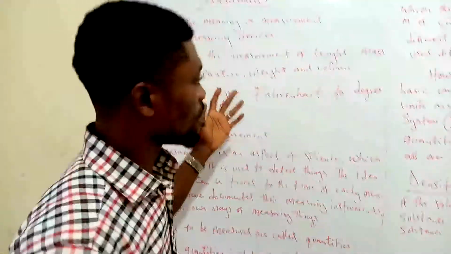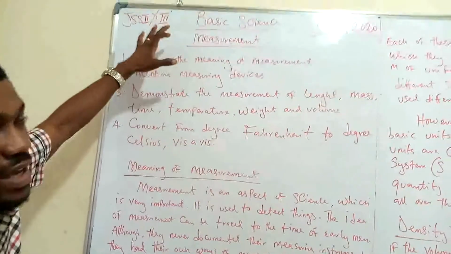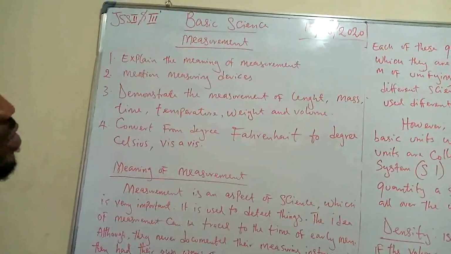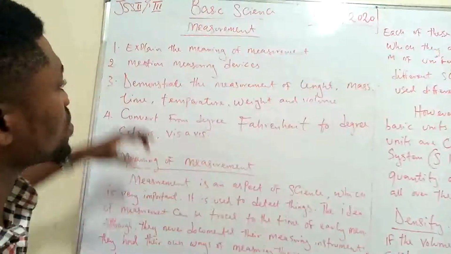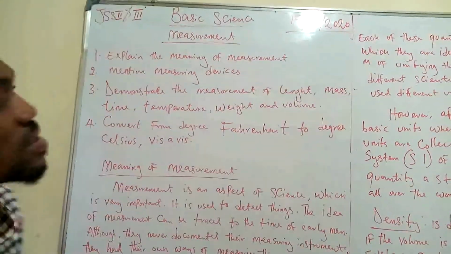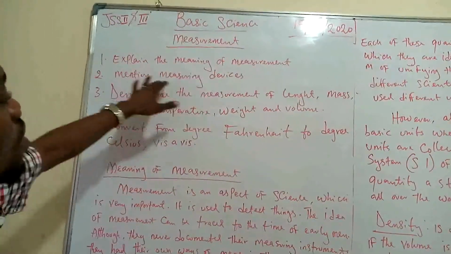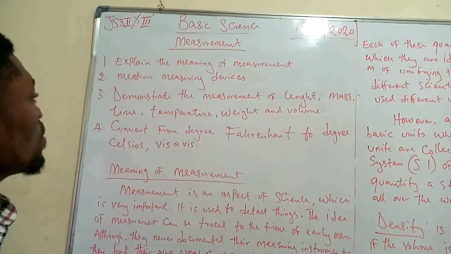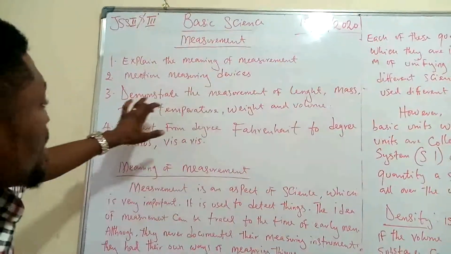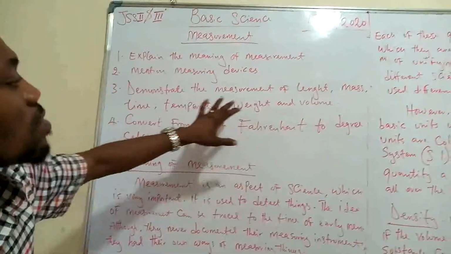Welcome back to the class of the day, or the topic of the day, which is what? Measurement. During the course of this lesson, we are going to explain the meaning of measurement. We are also going to mention measurement devices. We're also going to demonstrate the measurement of length, mass, time, temperature, weight, and volume.